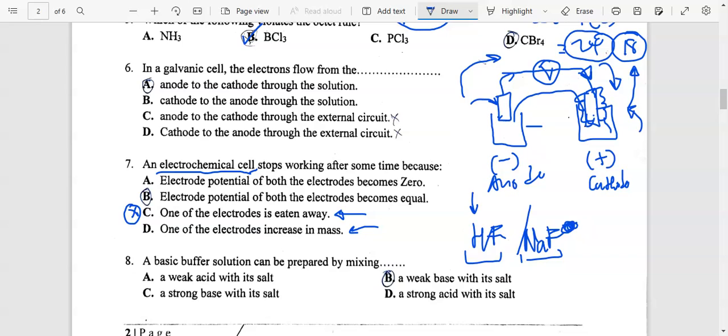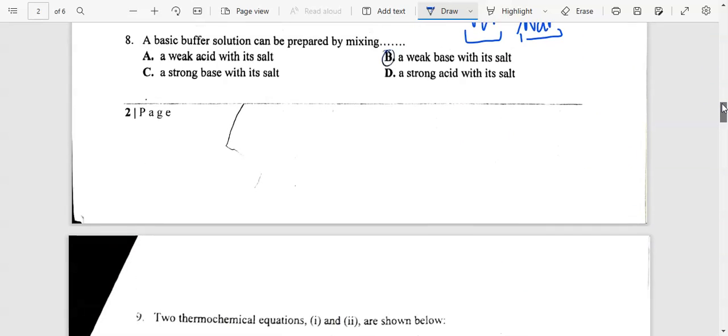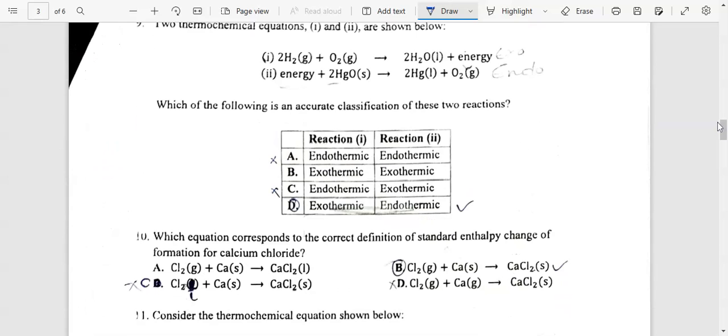Right, a weak base and its salt. So that is how you prepare a basic buffer, a weak base with its salt. So that is option B. Question number 9.